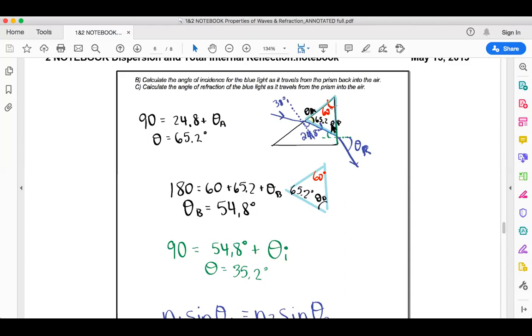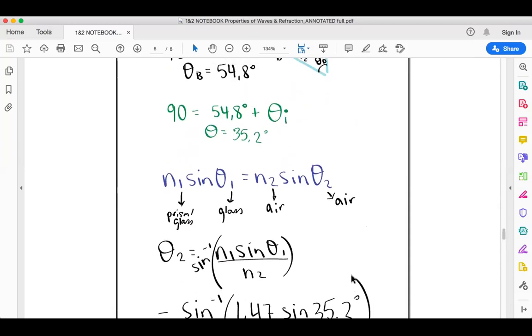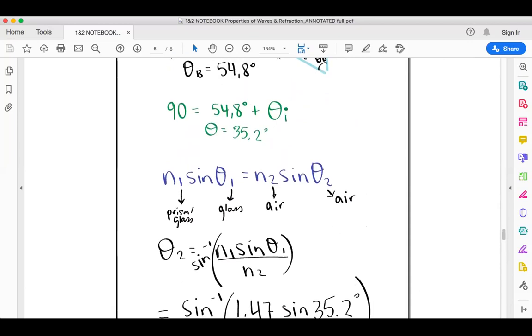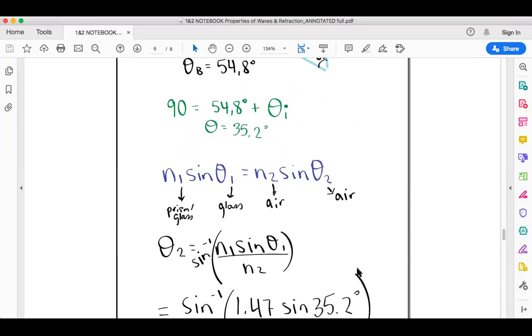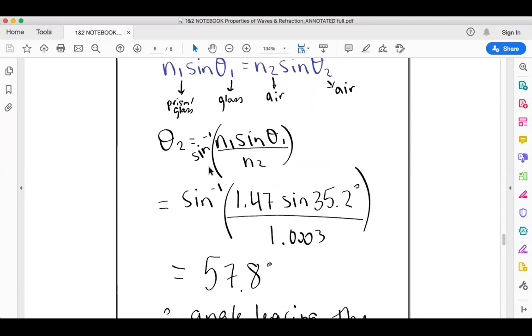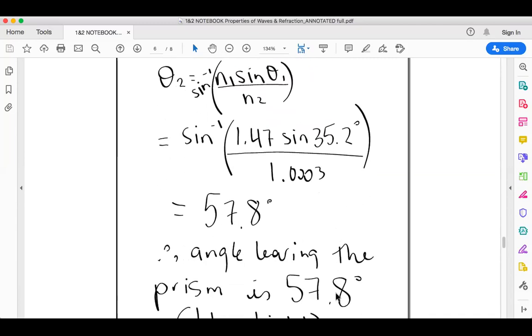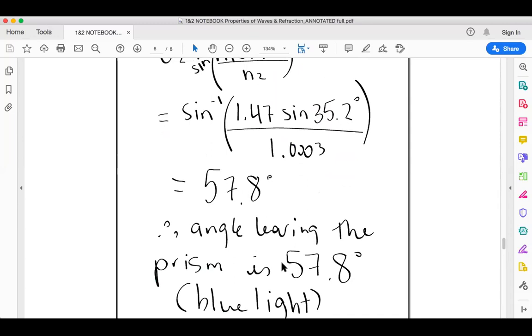That's 90 degrees in that little quadrant. It's made up of the theta we just calculated plus the angle that we must use, because remember when we're using Snell's law, we have to use the angle to the normal. Now that we have that 35.2 degrees, we can substitute it into Snell's law and isolate for theta 2 again, and we get 58 degrees, or actually 57.8 with sig figs.